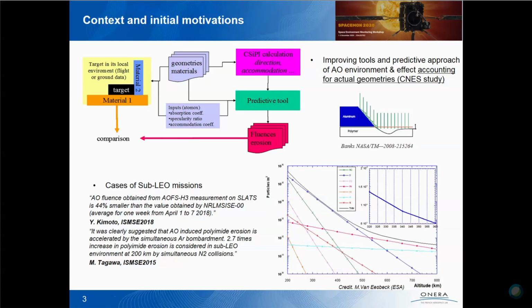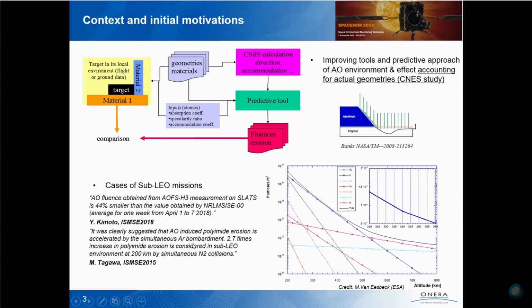So in such a context, recent observations have shown very strong discrepancies in erosion rate between prediction and measurement. It was, for instance, reported by Kimoto from JAXA, based on SLATS data. The second point here is also the synergetic effect that is observed between an AO oxidized surface and the collision with high energetic nitrogen or oxygen molecules.